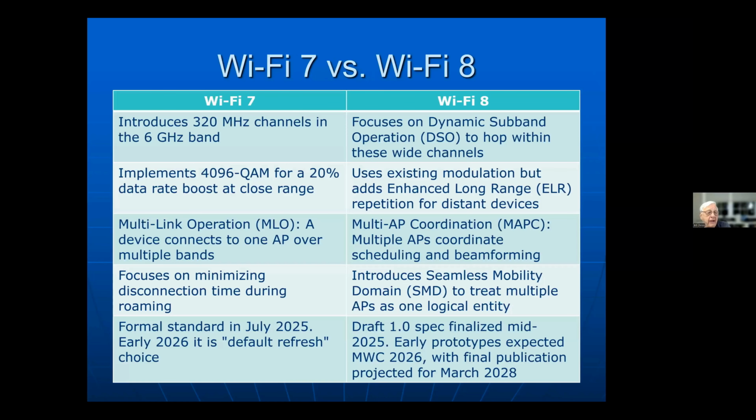If we look at a comparison of the two, whereas Wi-Fi 7 introduced 320 megahertz channels in the 6 gigahertz band, Wi-Fi 8 focuses on something called dynamic subband operation to hop within these wide channels. Wi-Fi 7 implemented 4096 quadrature amplitude modulation to boost the data rate at close range, and Wi-Fi 8 talks about this thing called enhanced long range repetition for distant devices to add that capability.